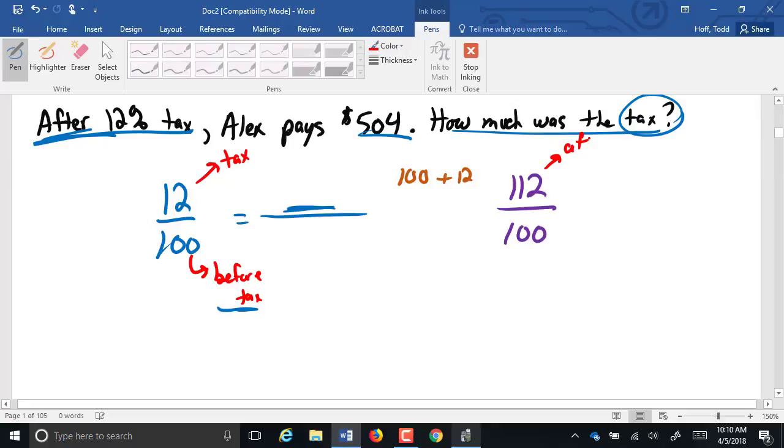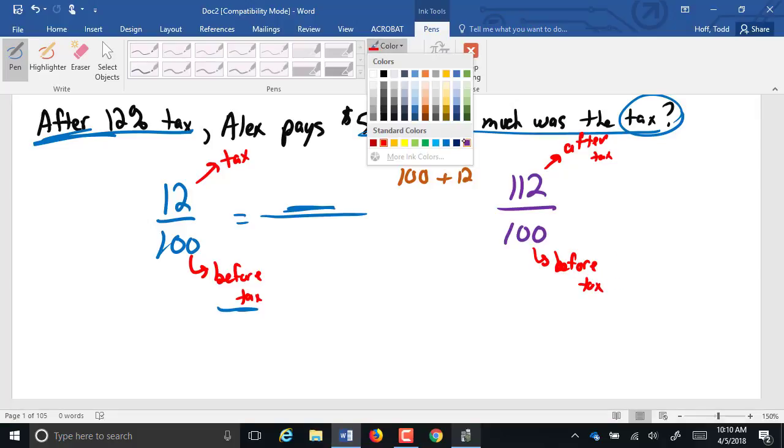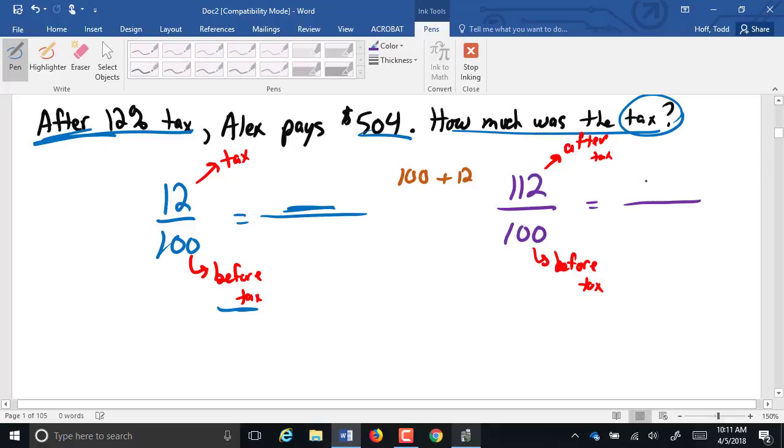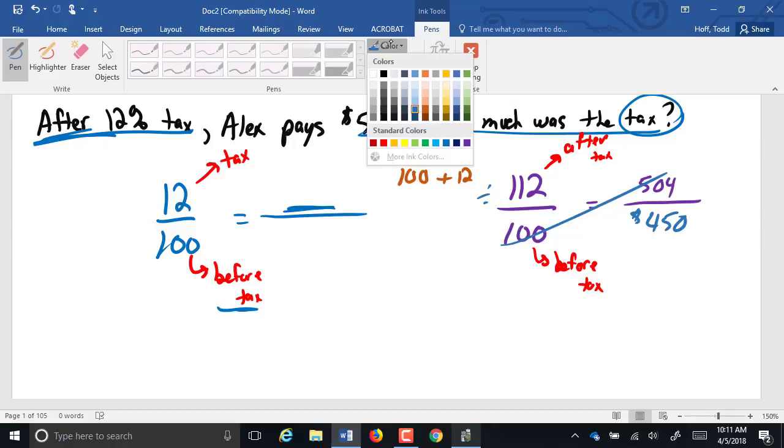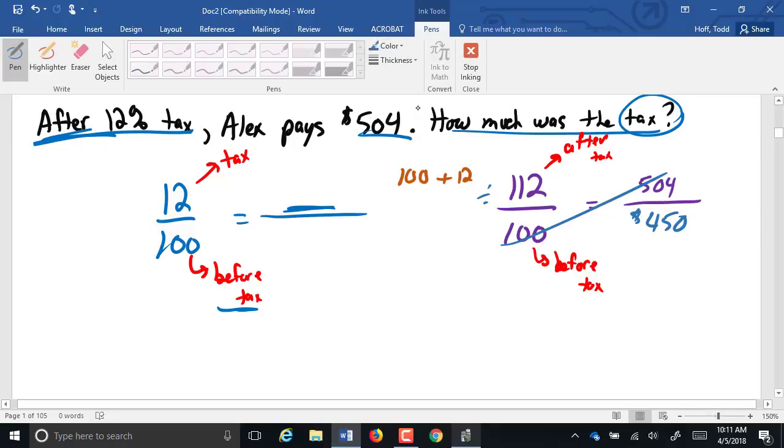The 112 is the after tax, and the 100 is still before tax. The other side of that, the 504 is after tax. Cross multiply and divide. We have $450 here. So before tax, that was $450.